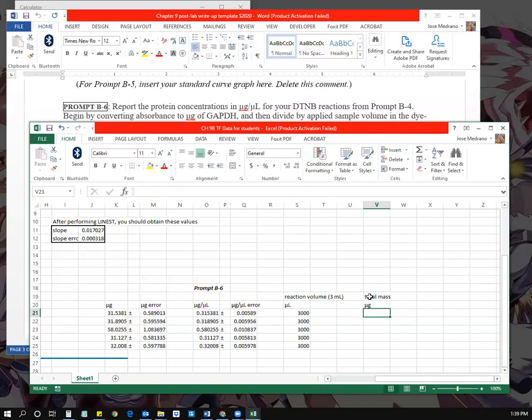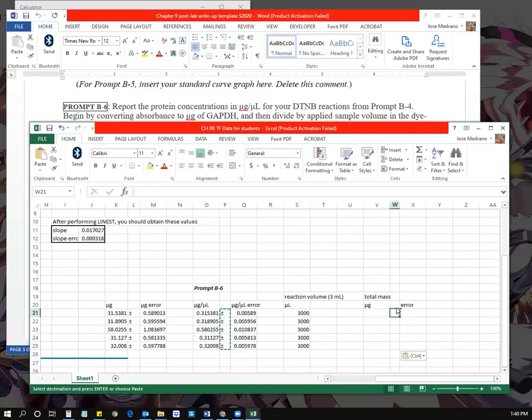And this is going to be micrograms and also the error associated with those micrograms, because this is going to be a propagation of error again.